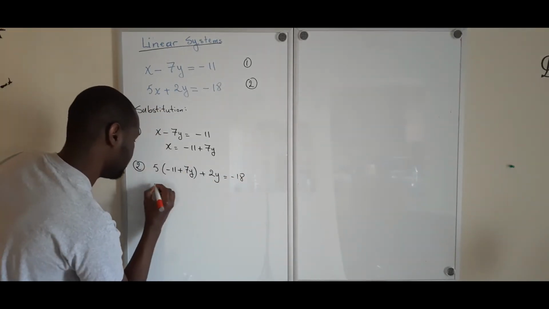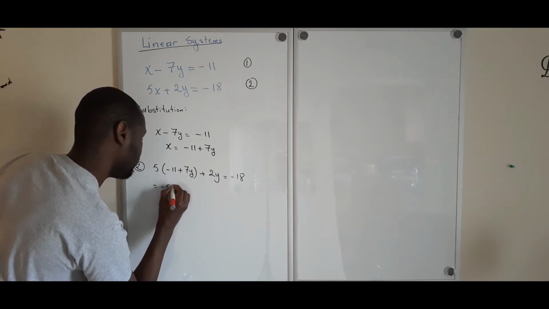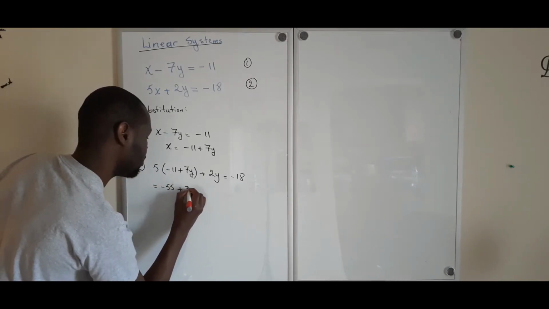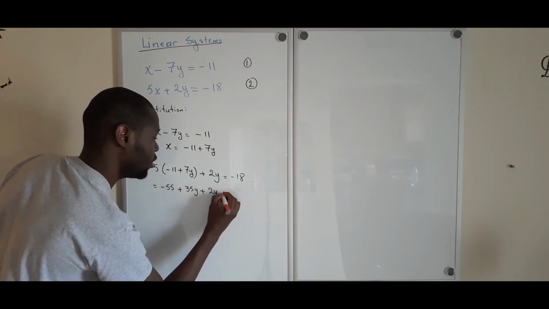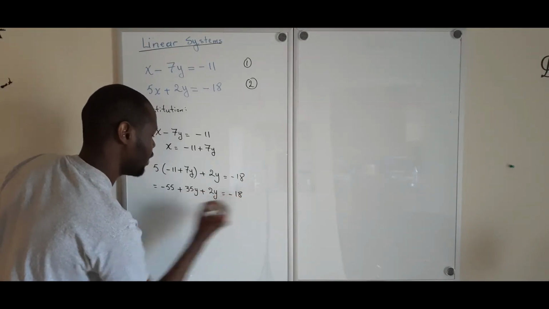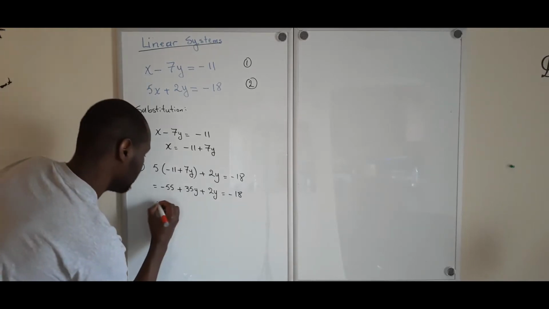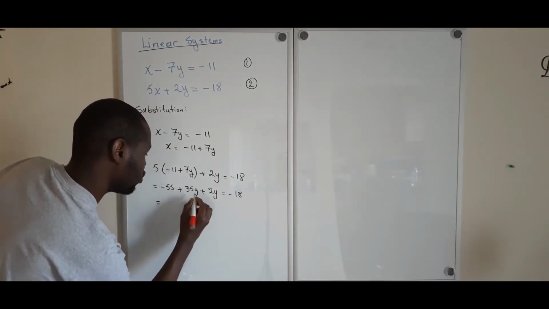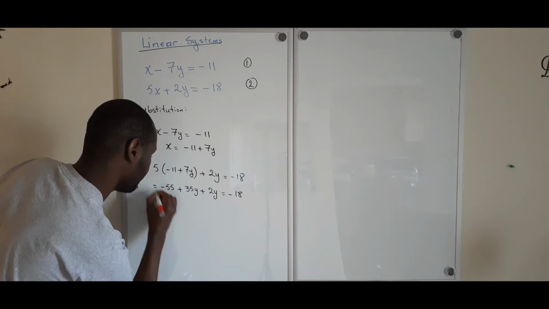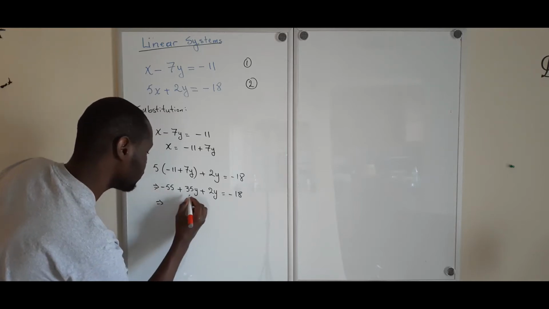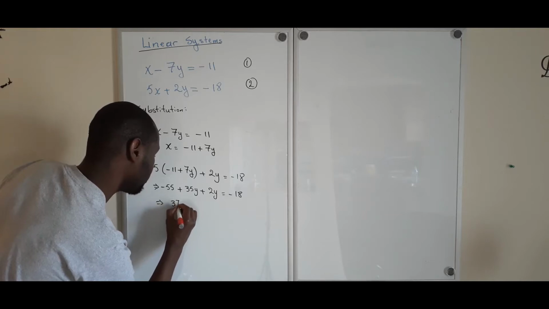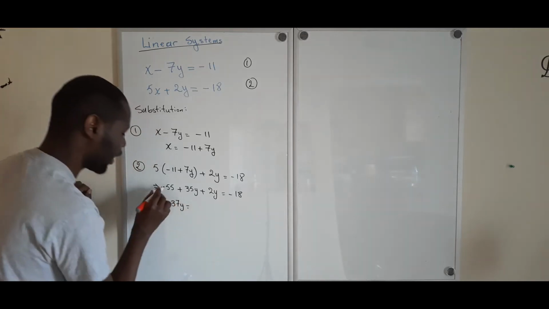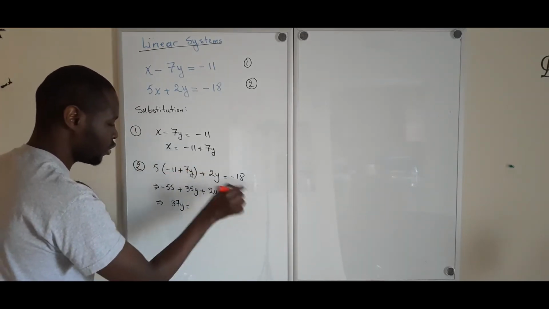Now let's distribute. So this will be negative 55 plus 35y plus 2y equals negative 18. So we'll have 37y, combining our like terms, and I will move the minus 55 to the other side of the equation.